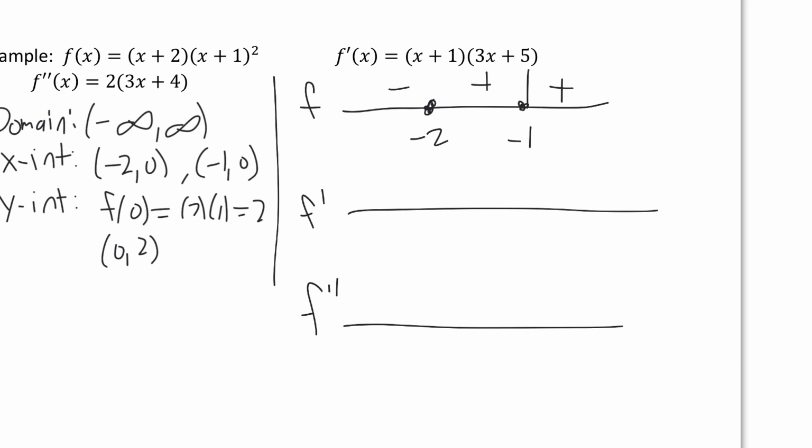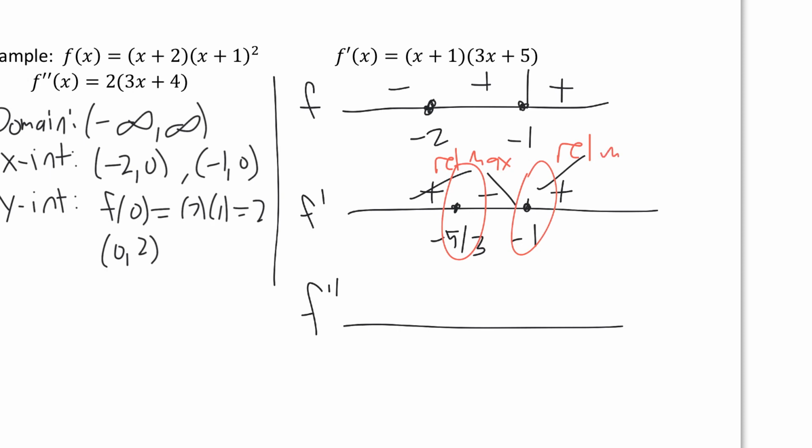For the derivative, we've got negative 1 and now negative 5/3, that's going to be a little bit less than negative 2, so put it about here. Again, we're going to get positive, negative, positive. So increasing, decreasing, increasing. We get ourselves some definite relative maximums and minimums. Right here, we're going to get a relative max. And right here, we're going to get a relative min.